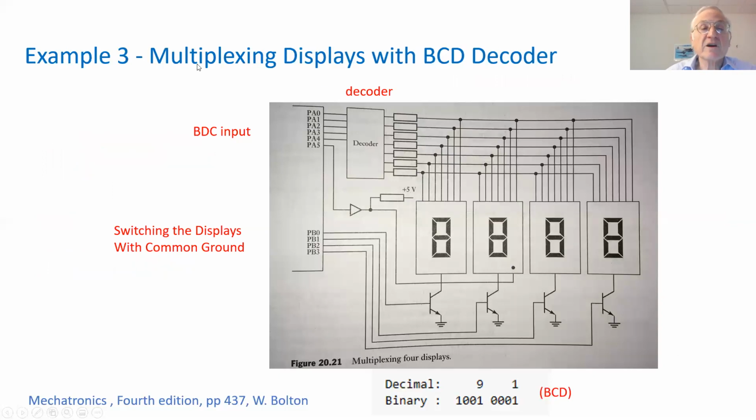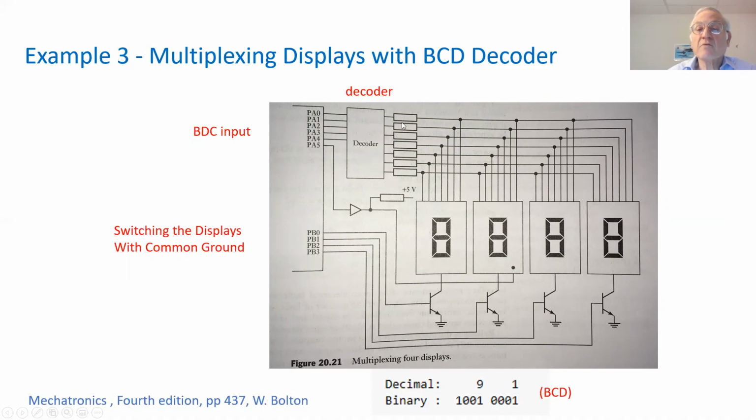We have an example over here of a multiplexing display with a BCD decoder, and we have over here the BCD input. So this is 1, 2, 3, 6. We have over here 1, 2, 3, 5 bits, and then we have over here an illumination.